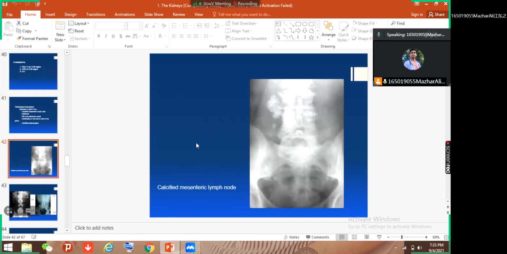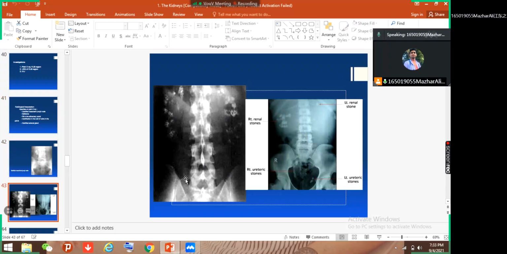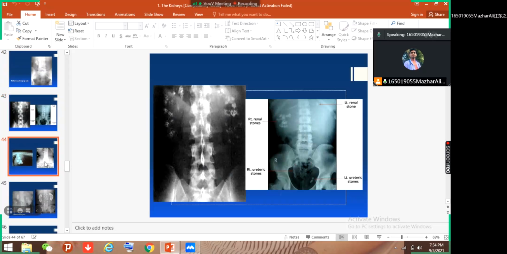So this is a calcified mesenteric lymph node. Your diagnosis, if you find any calcification, may be right renal stone, right ureteric stone, left renal stone, left ureteric stone. See, many stones. This stone is very common nowadays.